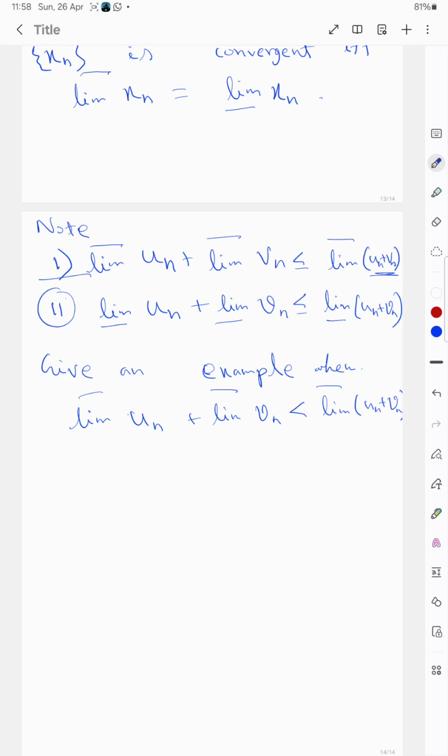Sorry, I changed the sign. Basically this is greater equal to, so you have to give an example where this inequality is strict.